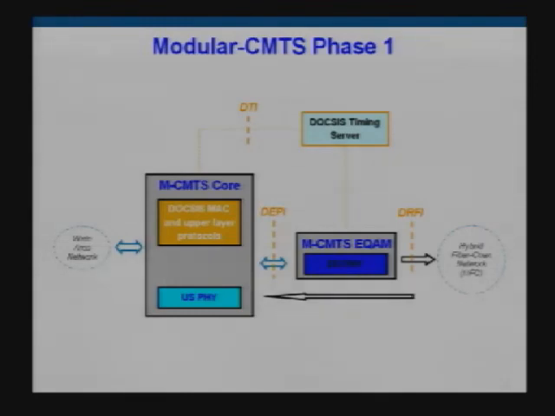However, now that we have put some of the physical components in an external entity, you need a centralized timing server which provides a standard clock to both the MCMTS core, the external EQAM, as well as any other logical entities which come into play. So as you can see, the DOCSIS timing server uses a DOCSIS timing interface to provide DOCSIS standard timing information to the MCMTS core as well as the EQAM to make sure that these two entities are in timing synchronization.